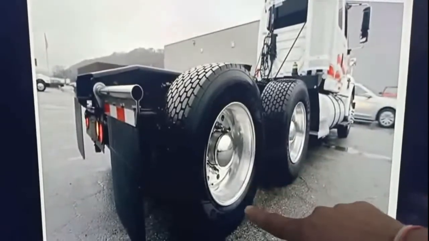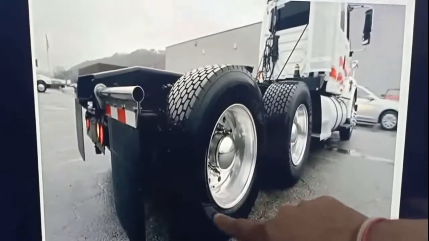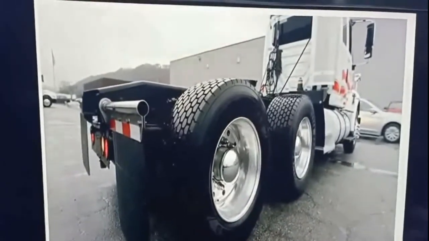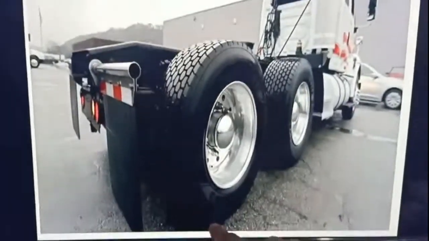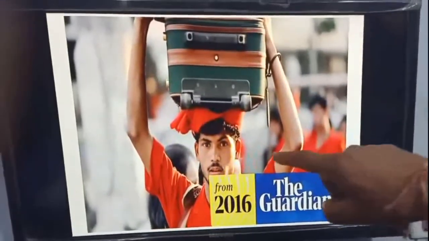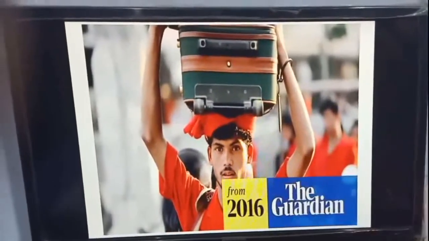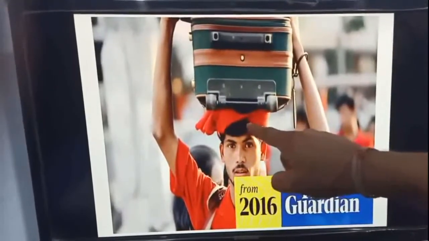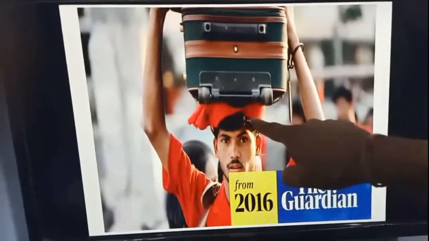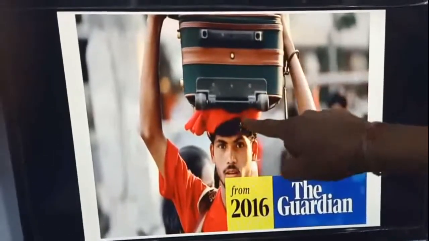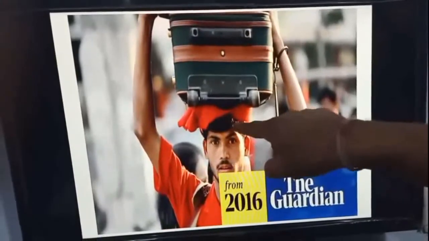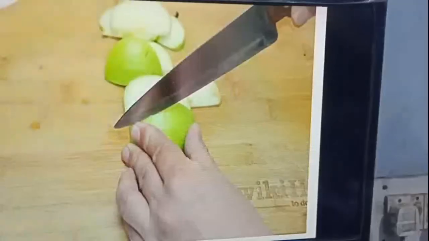In the given picture we observe that the tires of the truck are wide, so they exert less pressure on the ground. Now in the given picture we observe that a coolie places a round piece of cloth on his head, so he increases the area, and the weight of the load falls on a large area of his head, so the pressure on his head is less.